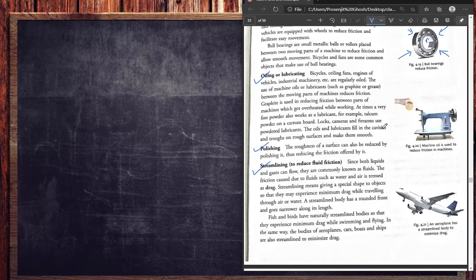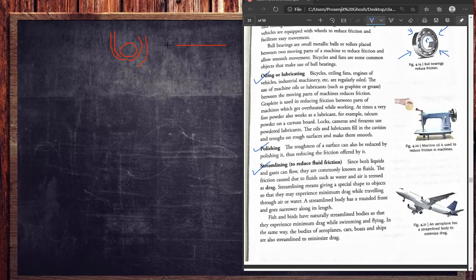Okay. Coming to streamlining, what is that? You might have heard about the aerodynamic structure. What is aerodynamic structure? That actually reduces the air drag. If you drop something from a certain height, if it is circular, then the air will go like this.